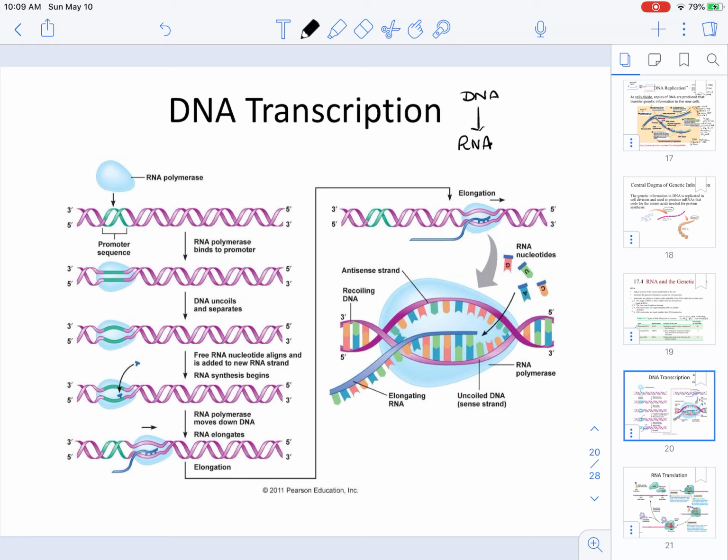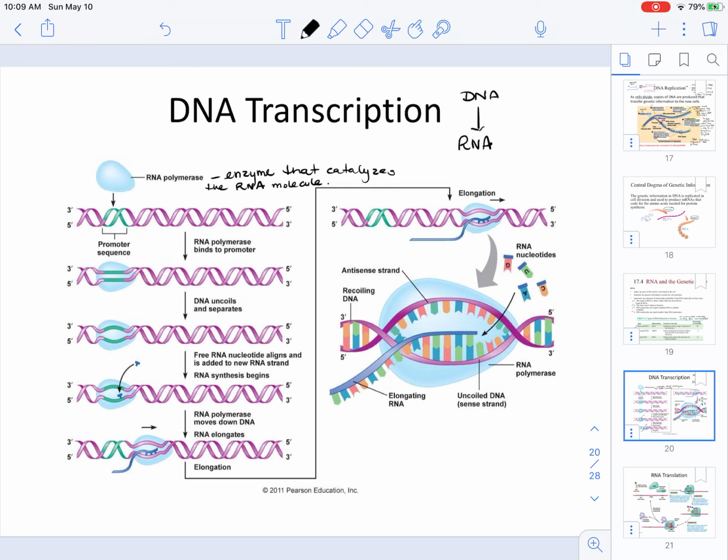Now, let's get started with DNA transcription. The first thing that needs to happen is that the RNA polymerase molecule, meaning the enzyme that catalyzes the RNA molecule, needs to identify where in DNA it needs to bind in order for transcription to occur.